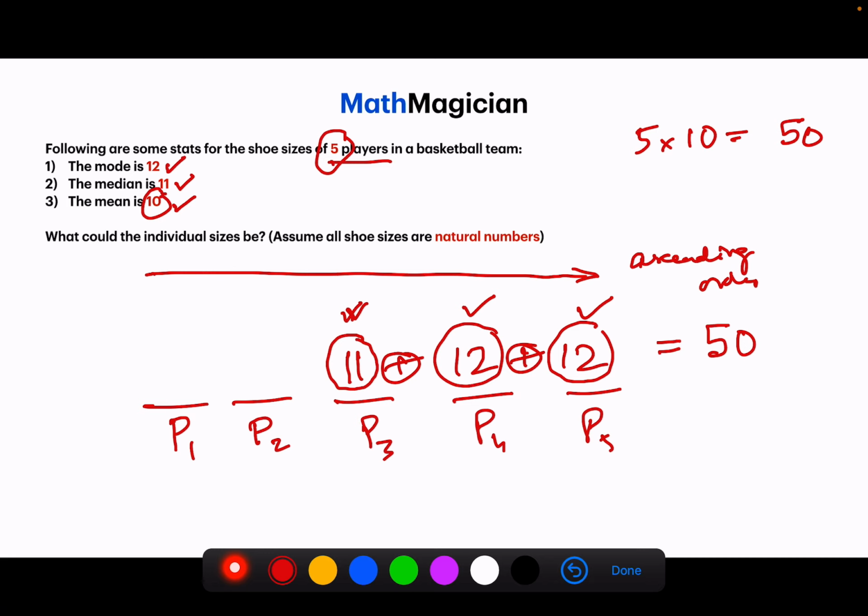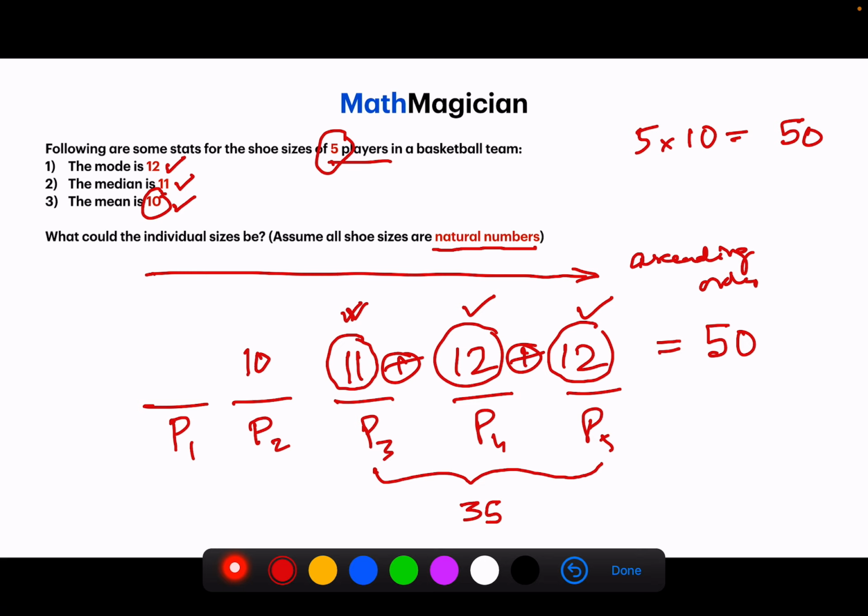Given that all these shoe sizes are natural numbers, let's consider the next natural number, which is 10, right? Now if you add up the three known values that we already have, 11 plus 12 plus 12, that gives me 35, right?